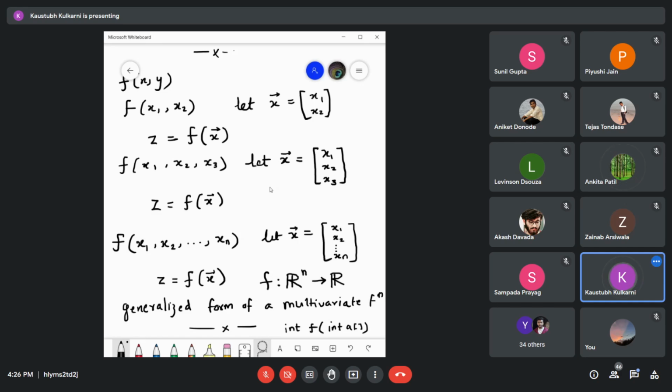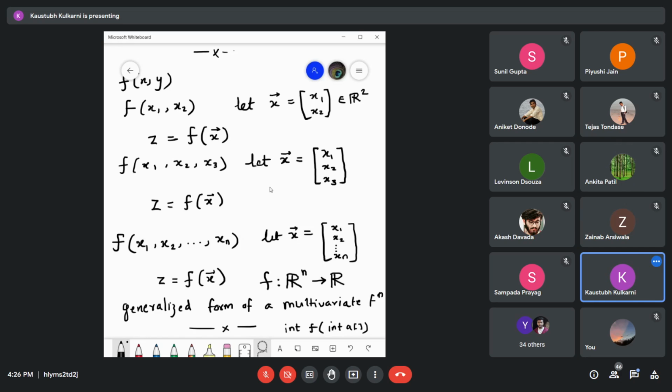Now, r means a single real number. R square means its dimension is two; it consists of two real numbers, or more precisely, it is like taking a cross product of r cross r.